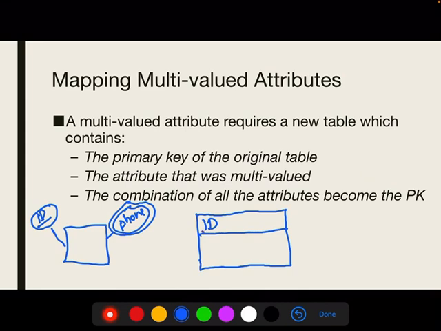This new table takes the key attribute from the original entity and the value of this multi-valued attribute, and together they form the primary key of this table, because it's multi-valued, so for the same ID, maybe this is person number 12, they're going to have two phone numbers.